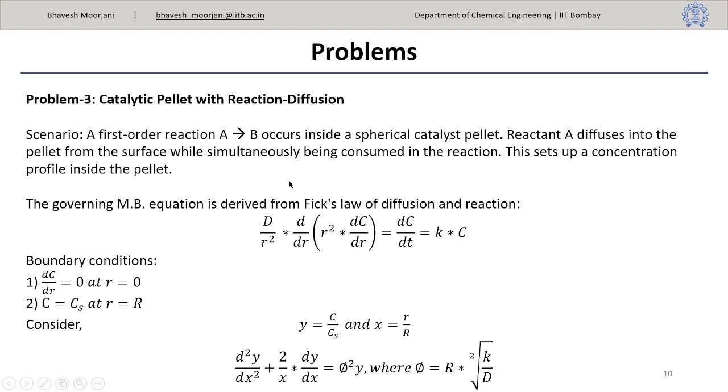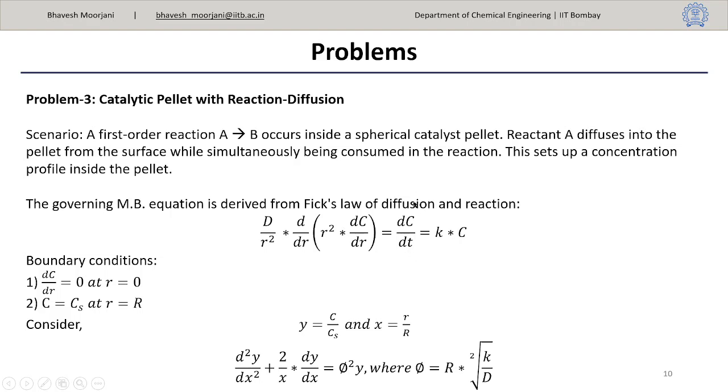But when you convert your problem for spherical coordinates, or you look at your problem in spheres, you get dc by dt, which is your change in the concentration with time, is equal to D by r square, where D is your diffusivity of your gas into your pellet, into d by dr of r square dc by dr, right?